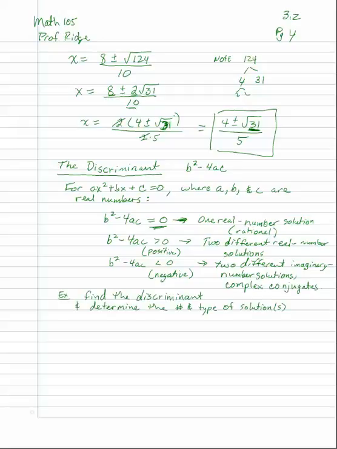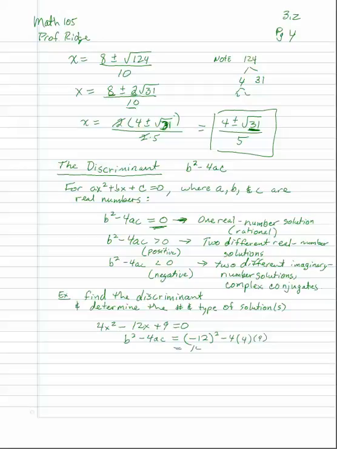Alright, so find the discriminant, determine the number and type of solution, or solutions. So if I had something like 4x squared minus 12x plus 9 equals 0. So it has to be in standard form, so if it's not, you put it in standard form. And then the discriminant is just the b squared minus 4ac, which in this case is negative 12 squared minus 4 times a is 4, c is 9.